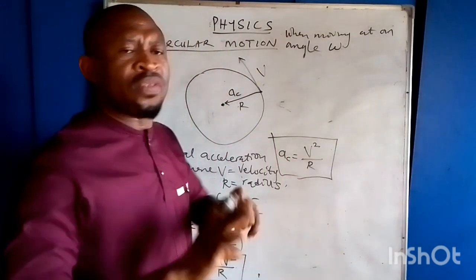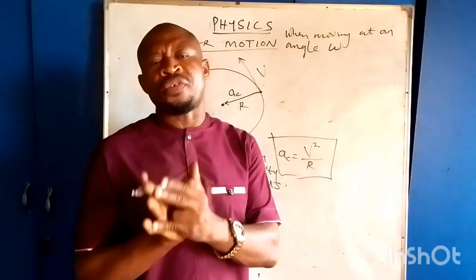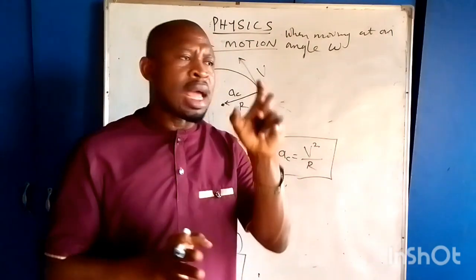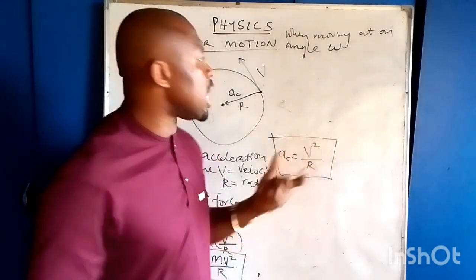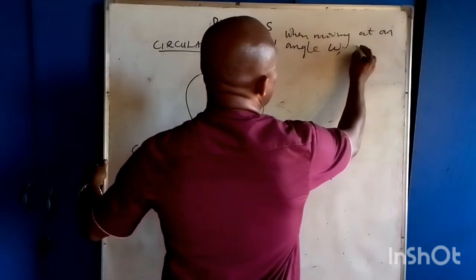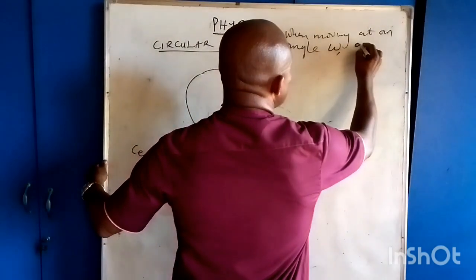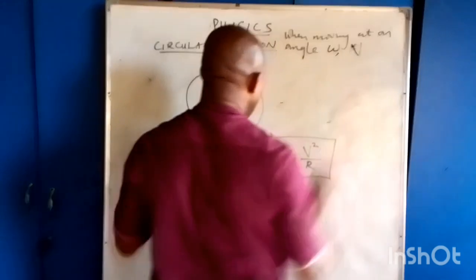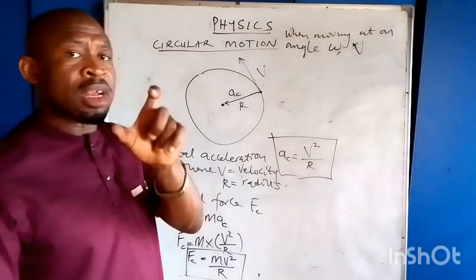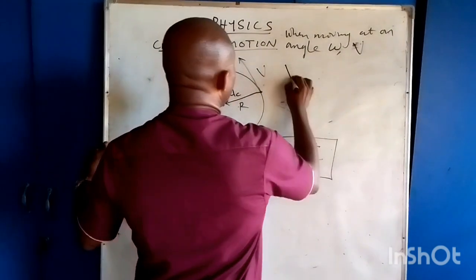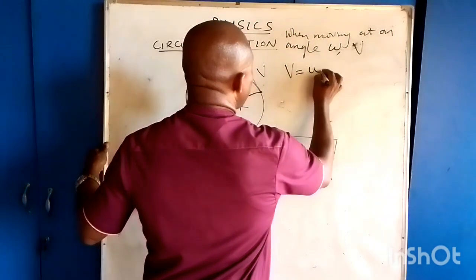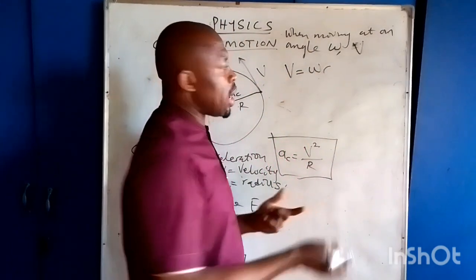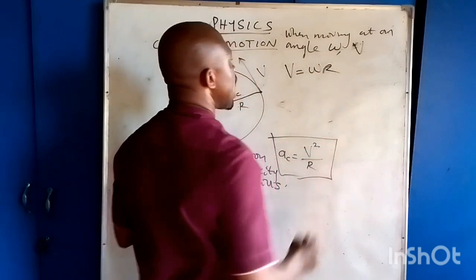Now, of course, from simple harmonic motion, we know the relationship between angular speed and linear speed. Linear speed is v, and the relationship is that v is equal to omega r.